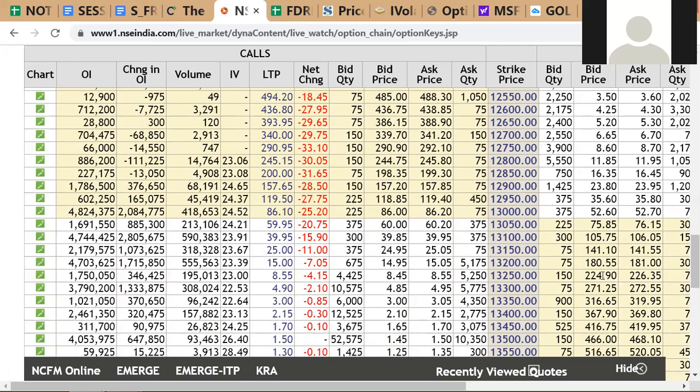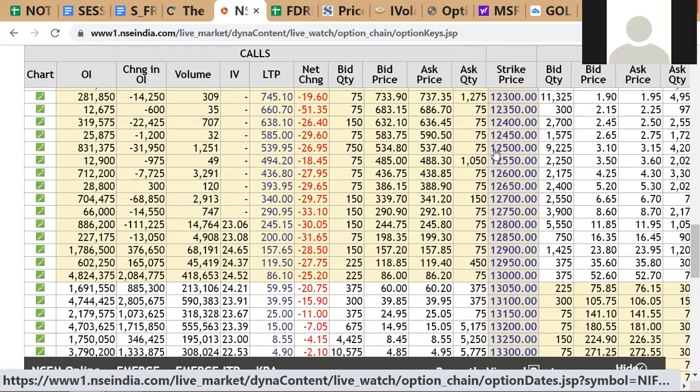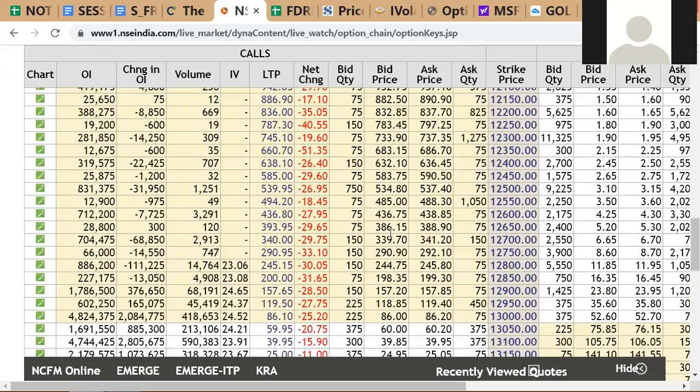The example that Vipul gave us is 12.5K. So we can take 12.5K. The only thing is we have to know the expiry date, usually about 1 month or so.